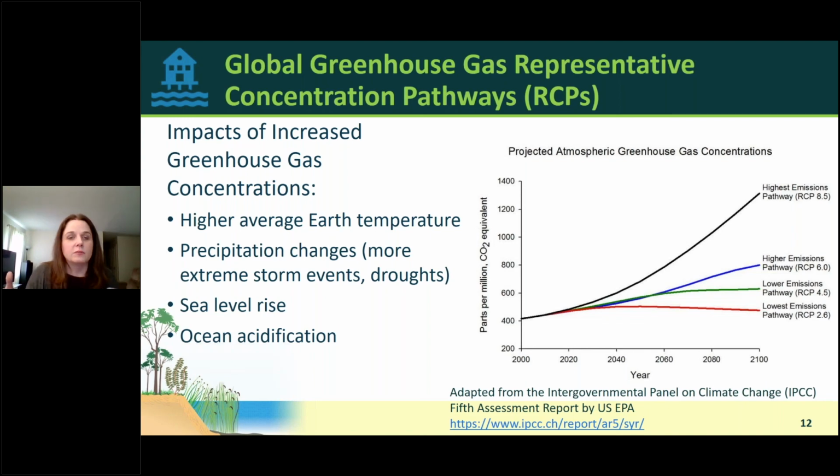We're going to see land lost as the seas rise. And then we also have ocean acidification. There's a shift in chemistry happening because the excess carbon dioxide in the atmosphere gets absorbed into the ocean, which shifts the chemistry, and this can also affect habitat for aquatic organisms.